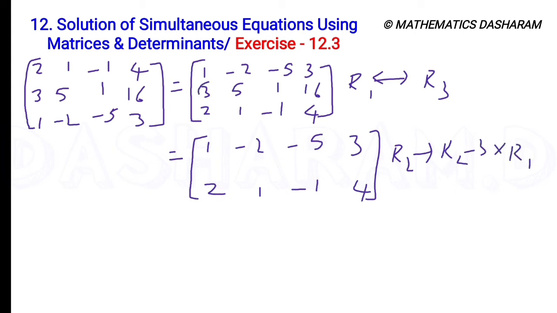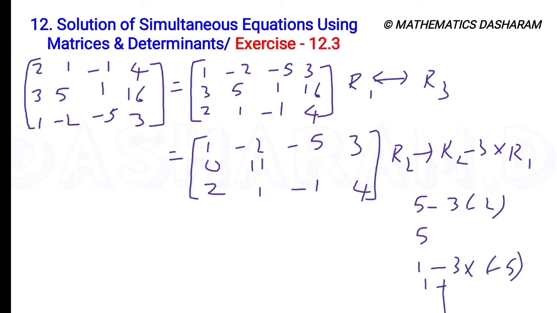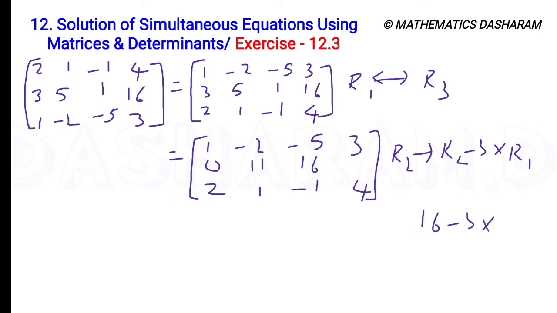So 3 minus 3 into 1 equals 0. 5 minus 3 into minus 2: 5 plus 6 equals 11. Next, 1 minus 3 into minus 5: 1 plus 15 equals 16. Next, 16 minus 3 into 3: 16 minus 9 equals 7.